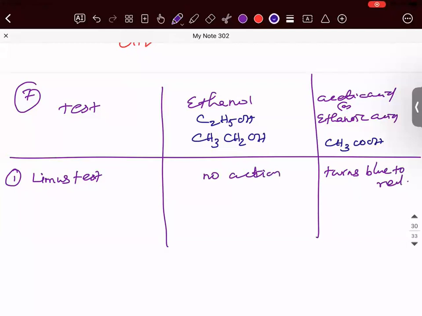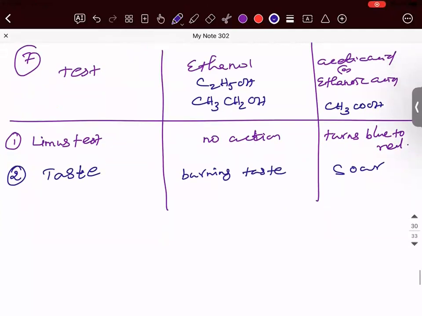Okay. Number two, taste. So it will be sour in taste. It has a burning taste. ஒரு மாதிரி எரியும் குடிக்கும் போது. ஆமா. Then third one, smell.